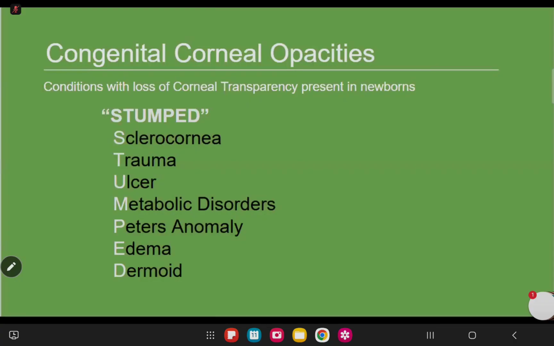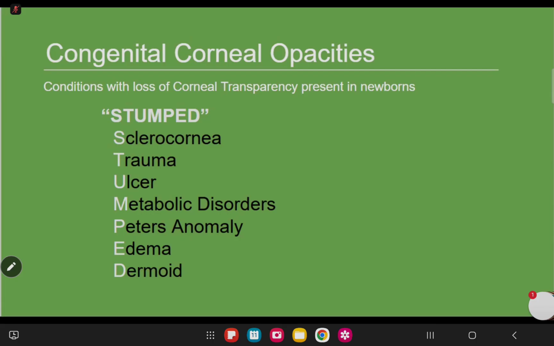Next would be your congenital corneal opacities. In any pediatric corneal opacities, we remember this mnemonic. It's all the conditions combined.